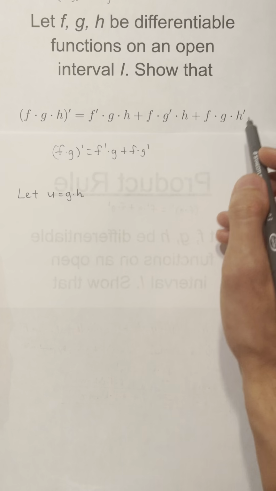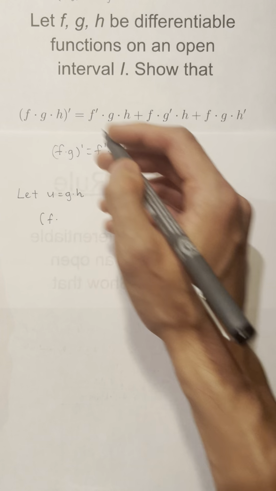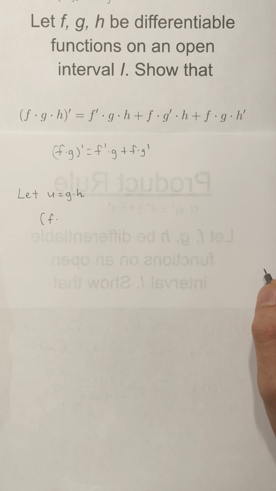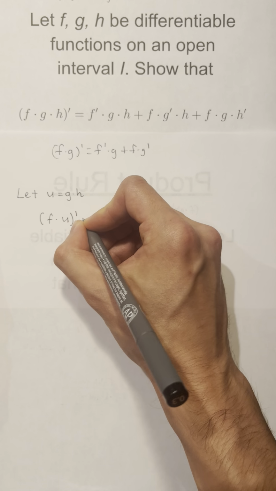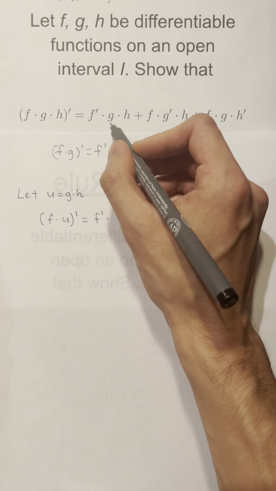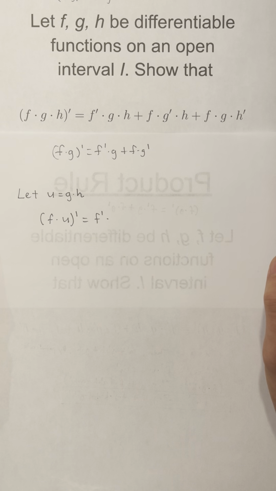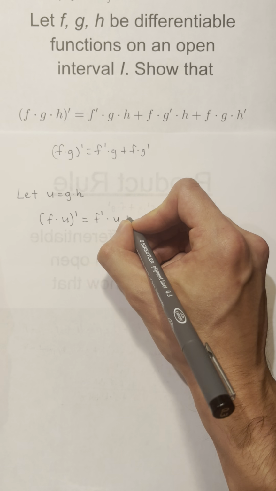Now what does this whole equation turn into? So f times how much? Times u prime is equal to f prime times how much? U plus.